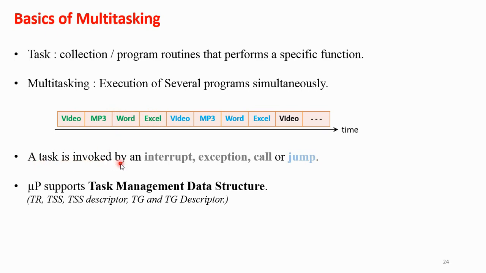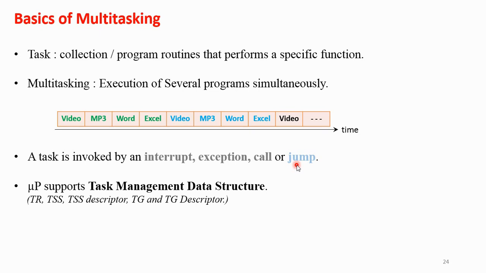A task is invoked by an interrupt, exception, call, or jump. So a task can be called by other tasks by using an interrupt, or an exception, or a call, or even a jump. The 80386 microprocessor supports task management data structures that are used for multitasking in protected operation.